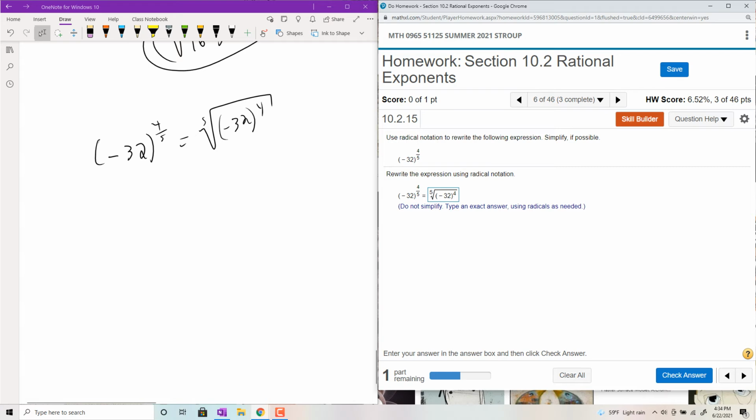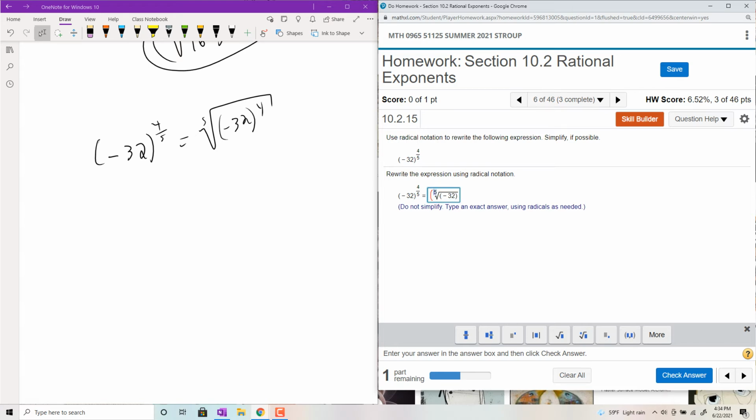I guess they want it the other way around. Can't imagine. Alrighty then, let's get rid of this, and then just put the parentheses around it, and raise it to the 4th power, I guess. I can't imagine that's what they want.